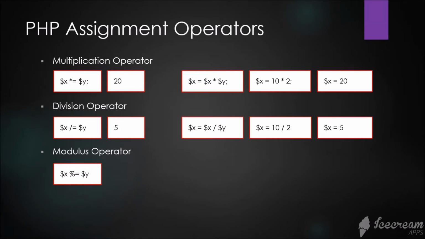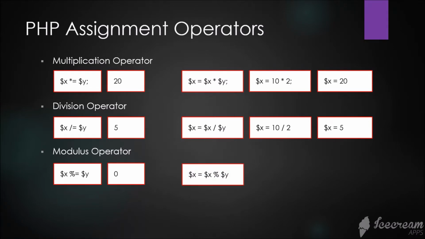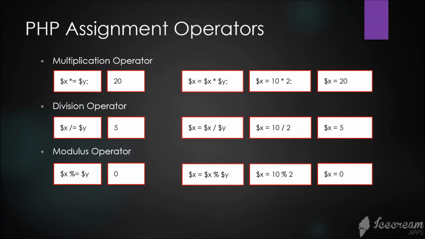So basically, the answer for this is 0. Let's rewrite x modulus y, then 10 modulus 2. Now, let's divide 10 by 2. The answer is 5. The question is, is there a remainder? None. That's why the answer for the value of x will be 0.